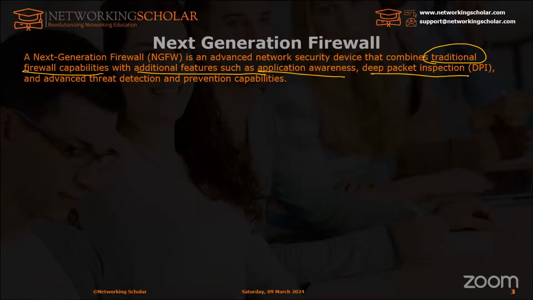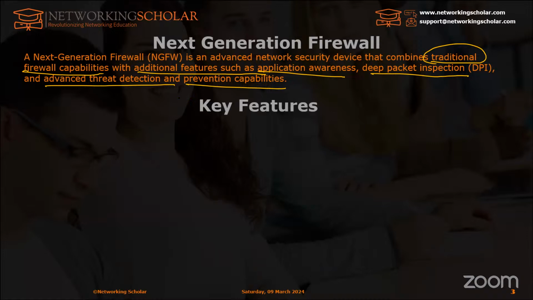In the sense that traffic will be inspected deeply, it will encrypt and decrypt the packet, and after that it is going to be allowed for the user. And advanced threat detection and prevention capabilities. So it will check advanced threat detection like anomalies, which is included in IPS. And prevention capabilities: if there is anything like a 0-day attack, then it is going to be blocked by the firewall.